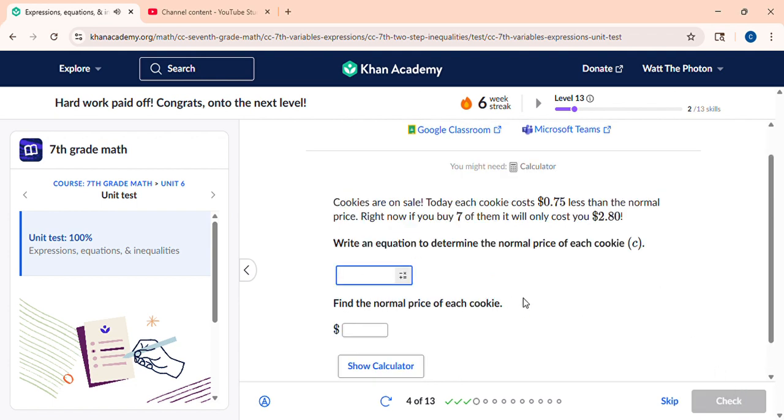Cookies are on sale. I like cookies. Today, each cookie costs 75 cents normally.